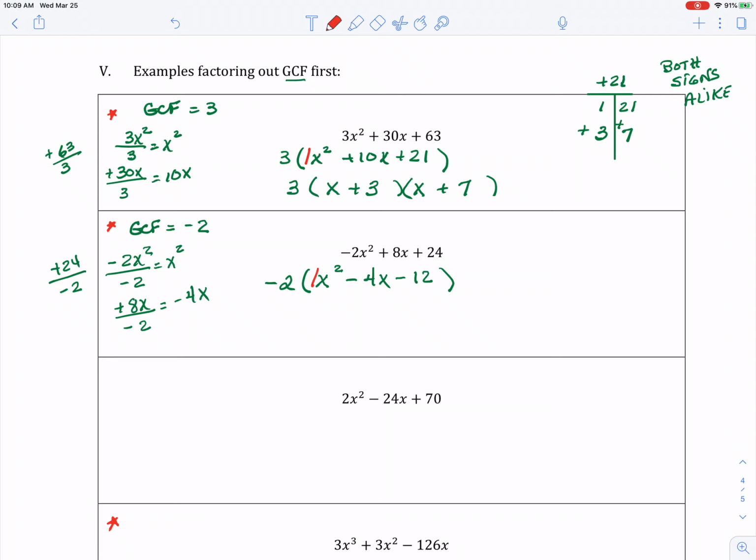So I'm going to go over to the side here, put at the top of my chart negative 12. So you see now I'm working on what's inside the parentheses. That negative on that 12 tells me that the two signs are going to be different.